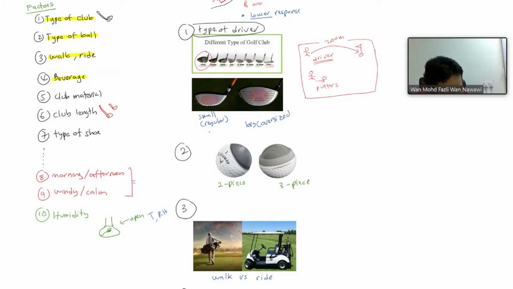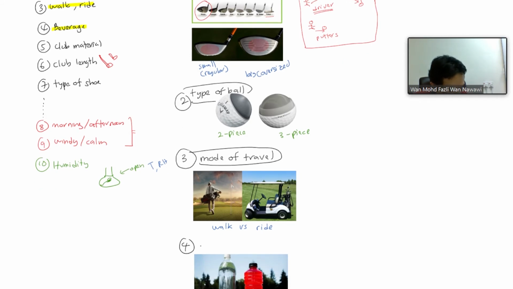Number 2 is basically type of ball. Number 3 is mode of travel. And number 4 is basically beverage type.